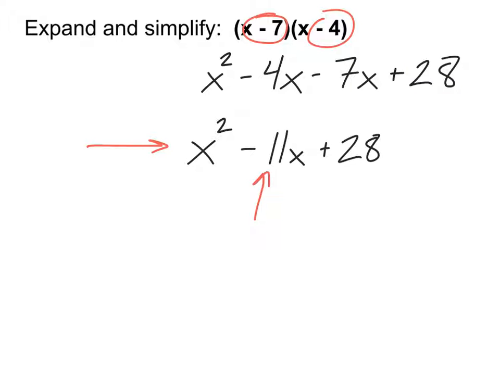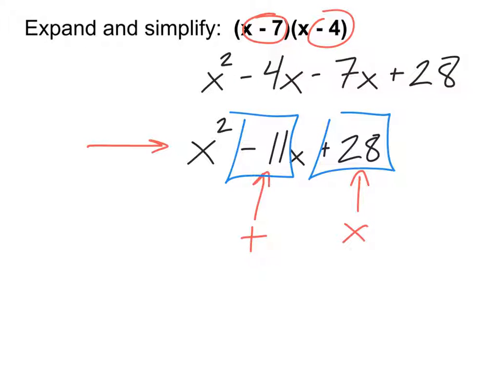And so if we add the numbers to get the minus 11 and the 28, well, remember there, what do you do with negative 7 and negative 4 to get 28? Multiply. You multiply them. And so I multiply them to get that. So if I want to go backwards through this process, I take a look at these two numbers and I say what two numbers add to get me the middle number and multiply to get me the last number, and that tells me what the two numbers are in my factored form.